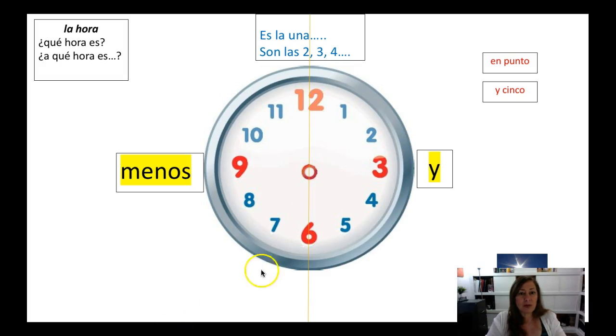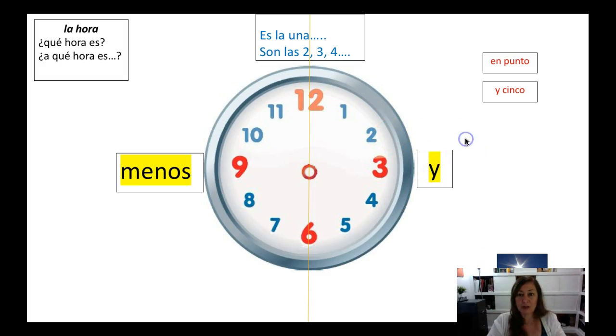Let's say that it is this time. Would you use es or son? Well, 3 o'clock is plural, so you would say son las tres y cinco. What if it were 1:05? Es la una y cinco. 9:05, son las nueve y cinco.